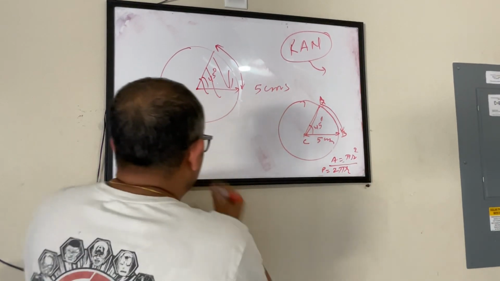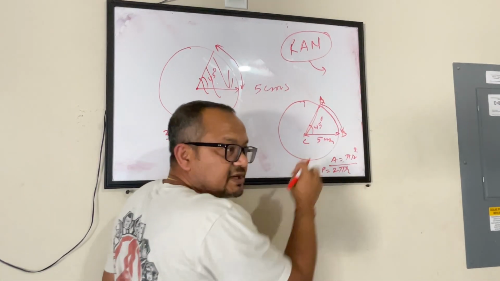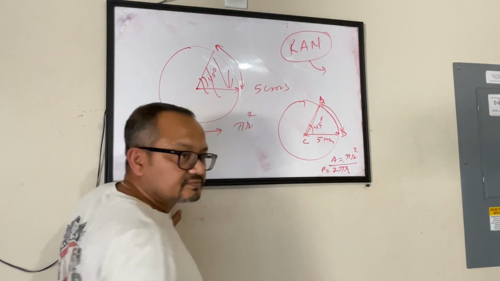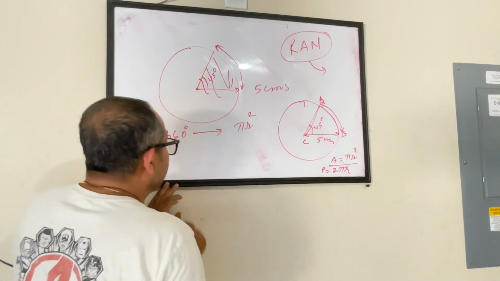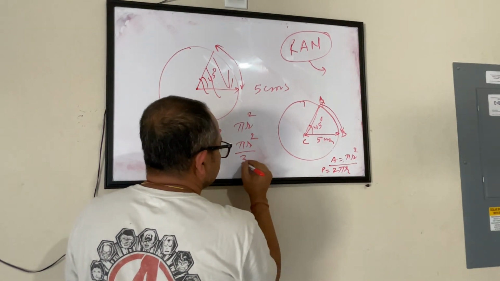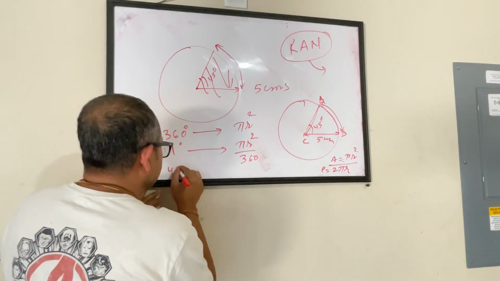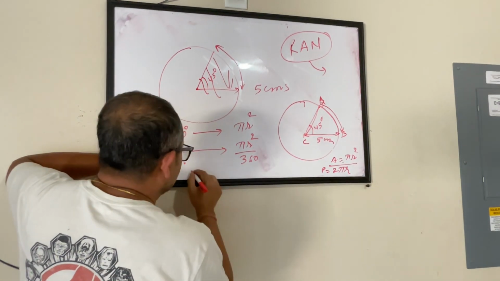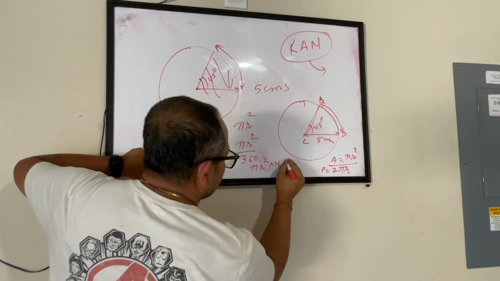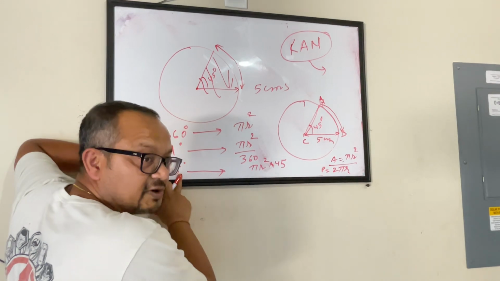That means, if the total angle was 360 degrees, then the area was pi r square. If it was 1 degree, how much would it have been? Oh, we are talking about 45 degrees. So the 1 degree value is this much. So if it is 45 degrees, how much will it be? Whatever is the value of 1 banana multiplied by 45 gives the value of 45 bananas, right?